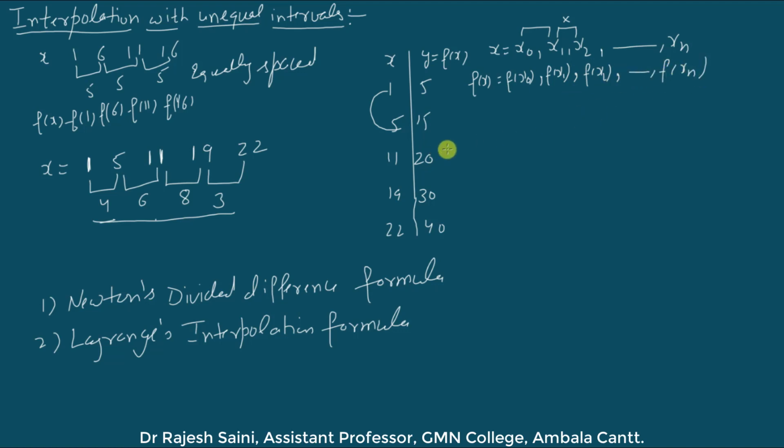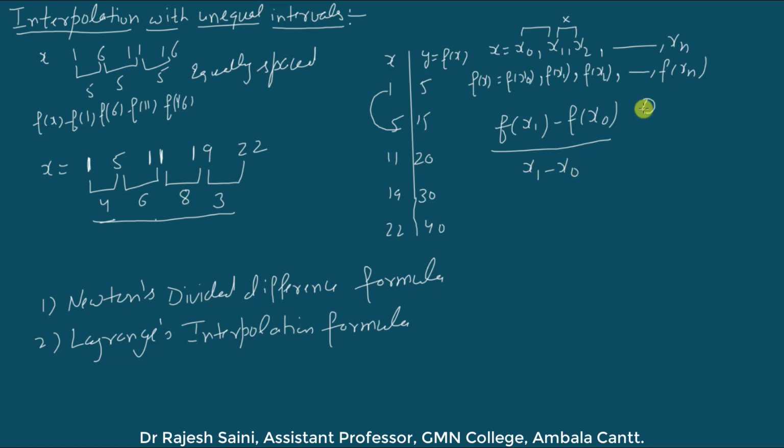These are the values of the function f(x) at the points x0, x1, x2, xn. Now we define the first order divided difference with respect to arguments x0 and x1. It is defined as f(x1) minus f(x0) divided by x1 minus x0.